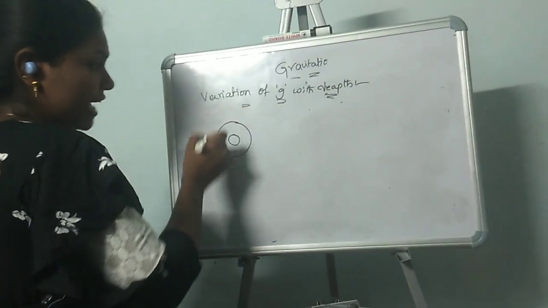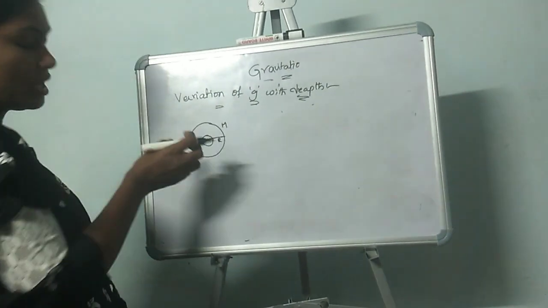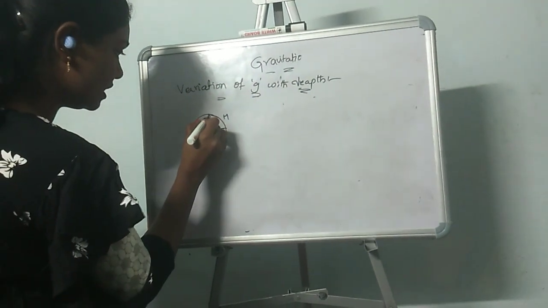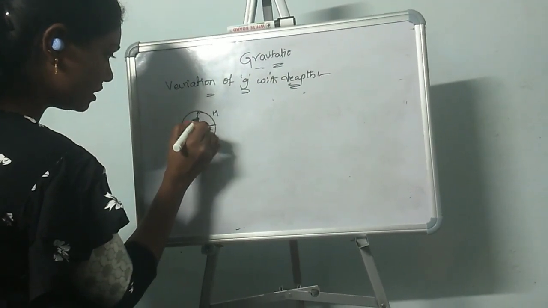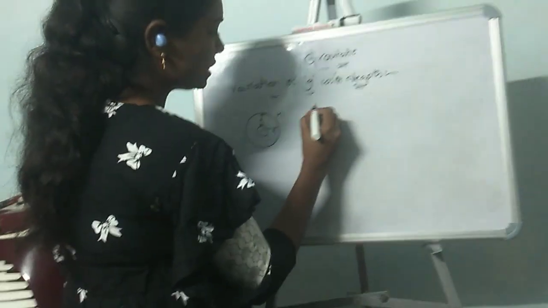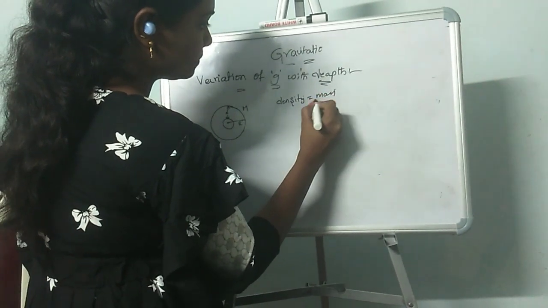We have the Earth of mass M at a radius of capital R, and a point at a depth d below the surface of the Earth. So we have density equal to mass by volume.